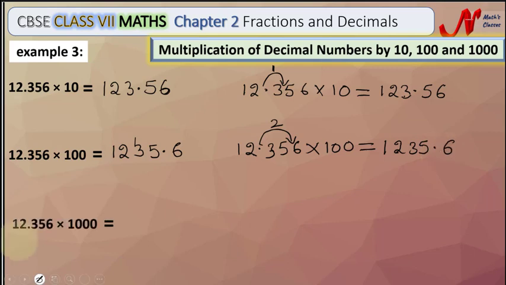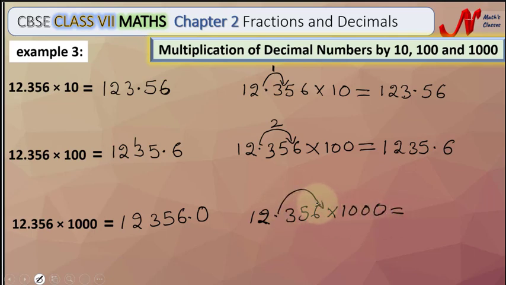Next example, we multiply 12.356 with 1000, so we can write 12,356.0, because when we multiply 12.356 with 1000, here we have three zeros, so we shift the decimal point three places to the right, so we can write 12,356.0 in the product.